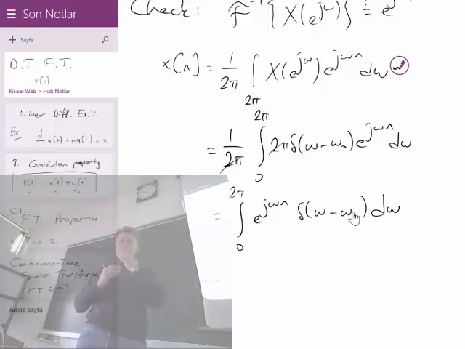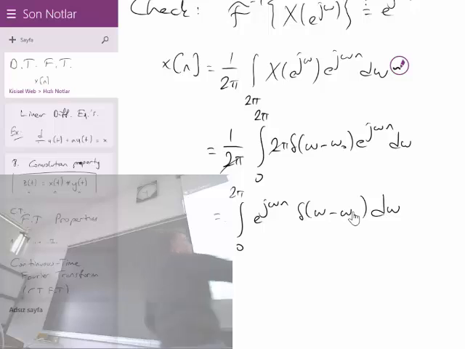Now, when you multiply something with an impulse, you have to be careful, but the answer is easy. This impulse forces omega to be only omega 0, because the impulse is non-zero only at omega equal to omega 0. For all other omega values, omega 0 plus epsilon, omega 0 plus 2 epsilon or minus, they are all zeros.